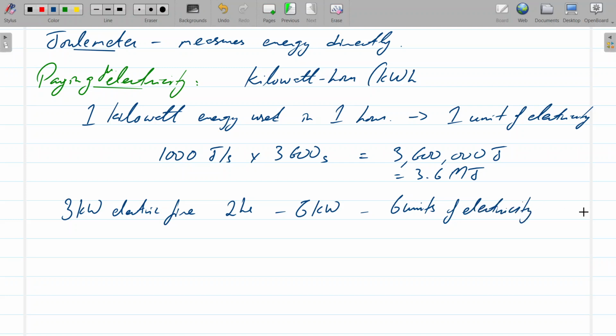Whatever the unit rate of electricity is, you'll be charged accordingly. And the electric meters used at residences or commercially are joule meters, and they give a direct reading of this much energy used, so these many units used.